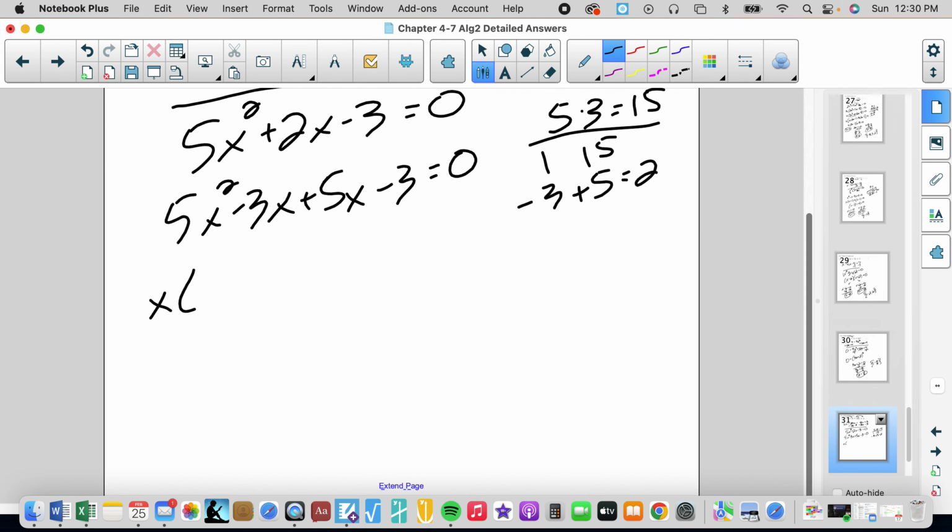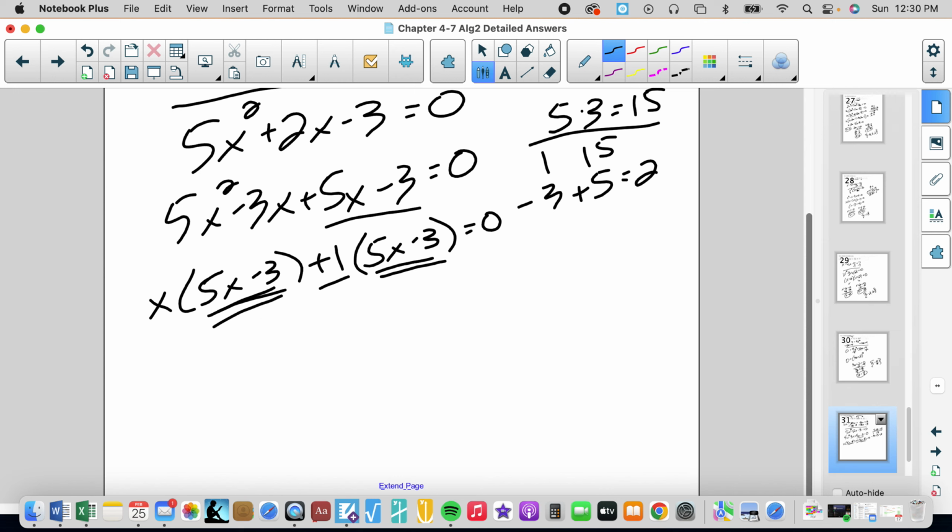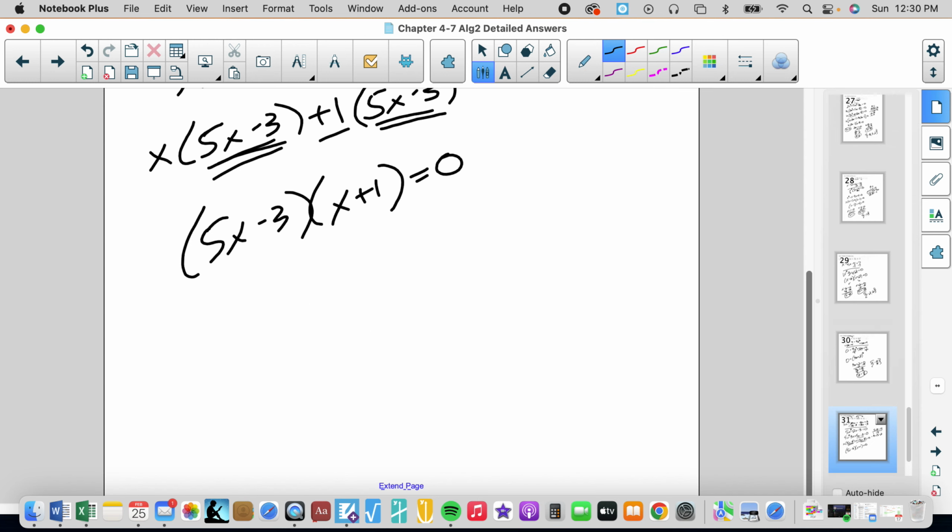We'll factor out an x, 5x minus 3. We're going to factor out a 1. There's no common factor, so we always have to factor out a 1 if there's no common factor. That leaves us with 5x minus 3, which makes sense because these have to be the same. So let's pull the 5x minus 3, which leaves us with x plus 1 equals 0.